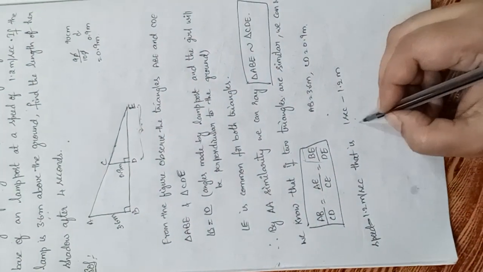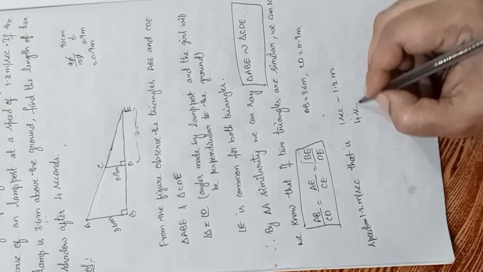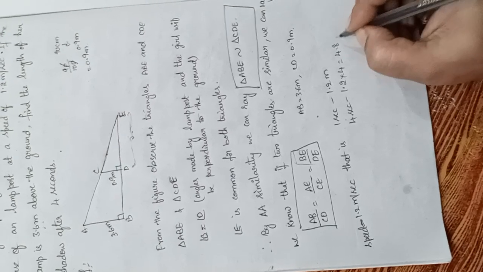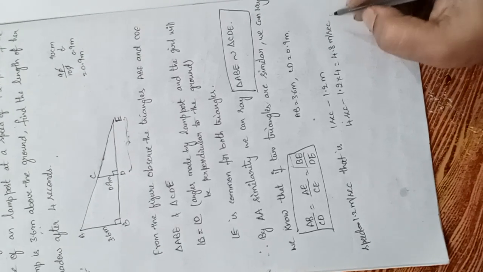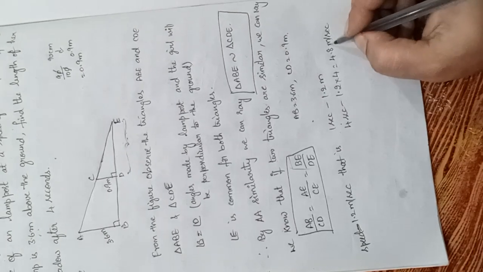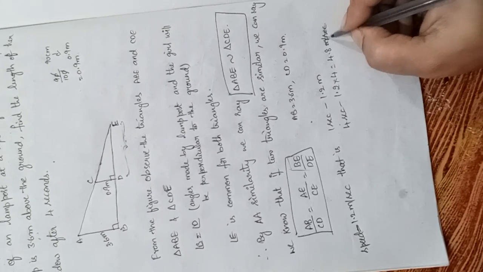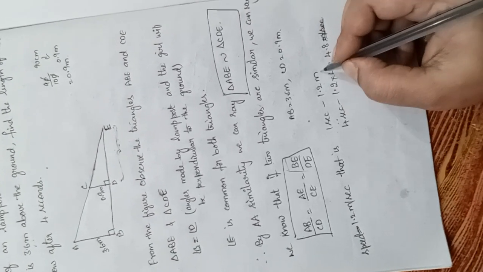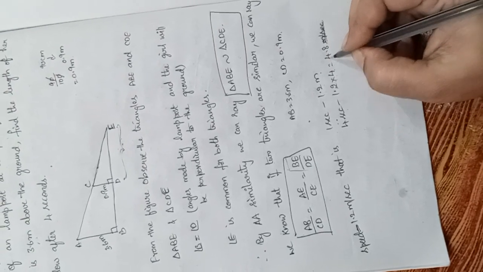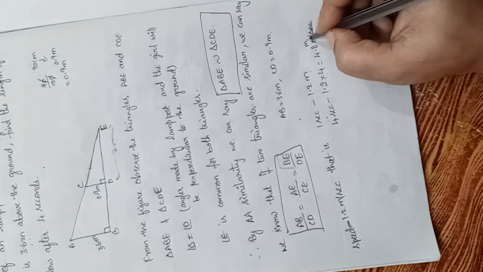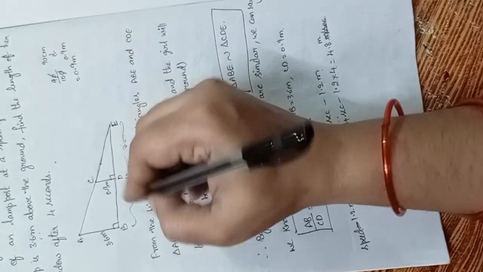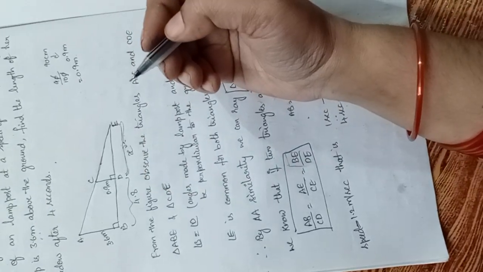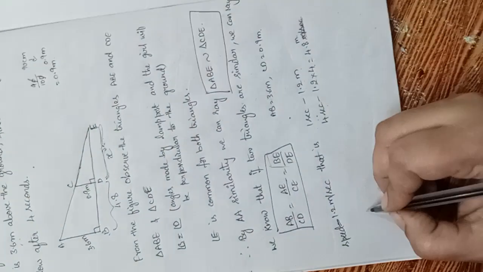So in 4 seconds, you will get 1.2 into 4, which is 4.8 meters. So from here to here it is 4.8, and this we don't know, DE will be x.